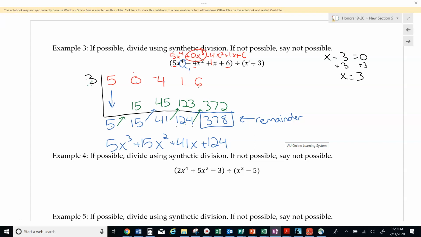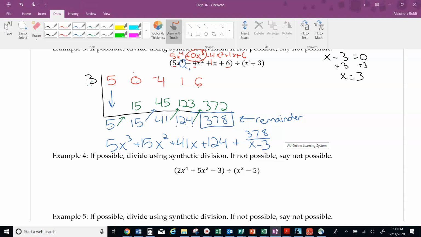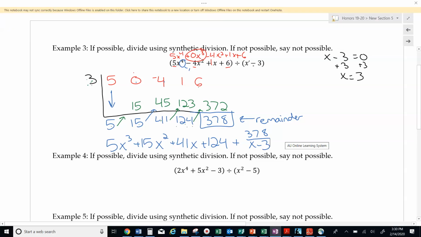They're all positive because we had such big numbers. And then our remainder is plus 378 over x minus 3. Okay? These remainders are super important, and in our next section, we're going to see why our remainder is the most important part of this.